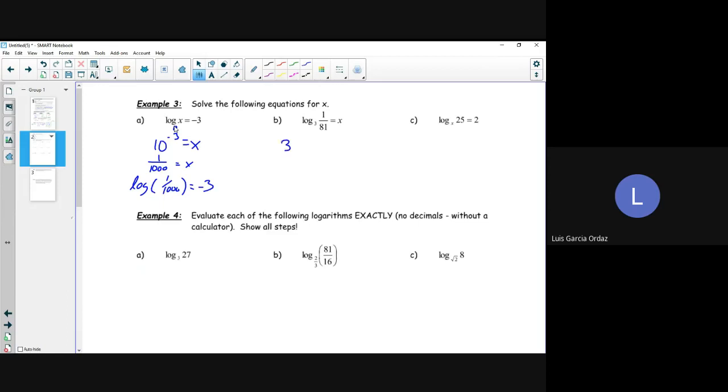So we have 3 to the x is equal to 1 over 81. We need to figure out what exponent to the base of 3 gives us 1 over 81. Whenever log doesn't have a specific base, you always assume the base of log is 10. So for example, in question B, the base is 3 for log, so we have to work with the 3. And for C, the base for log is x, so we have to work with the x. But for the first one, because there's no base given, you always assume it's going to be 10.